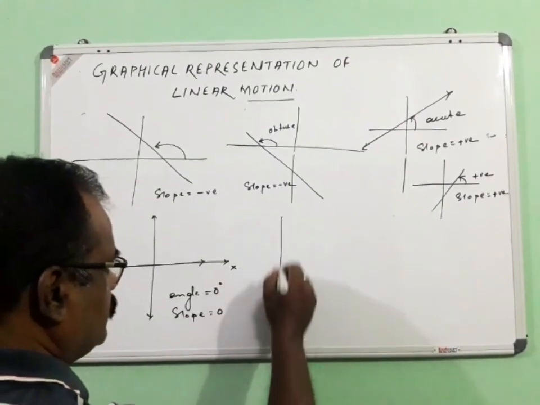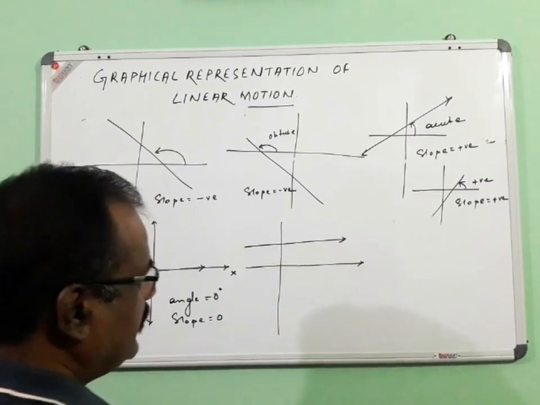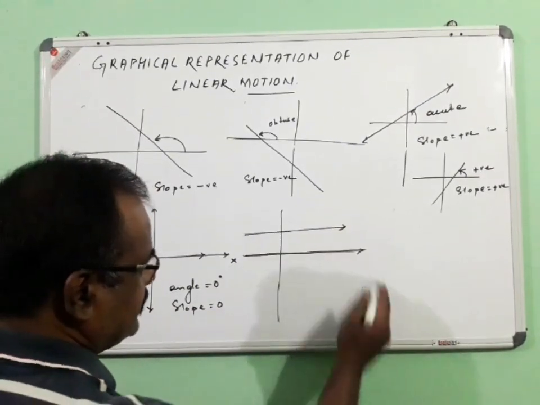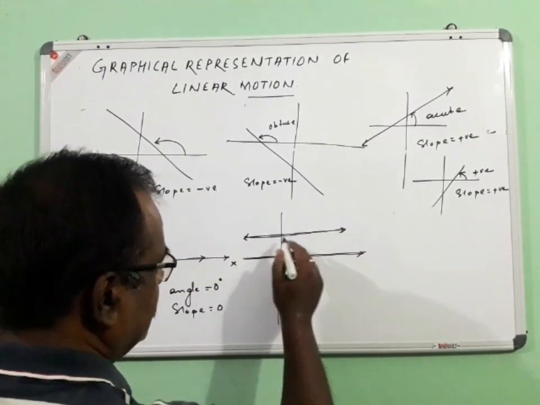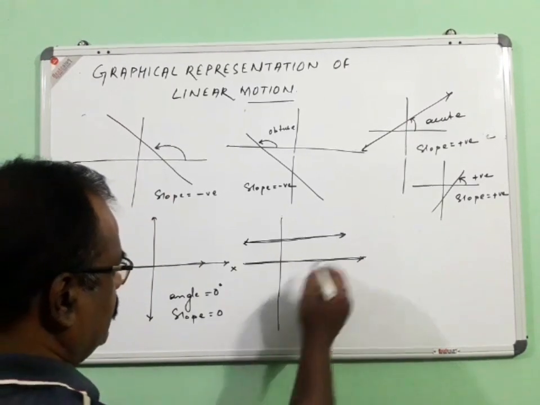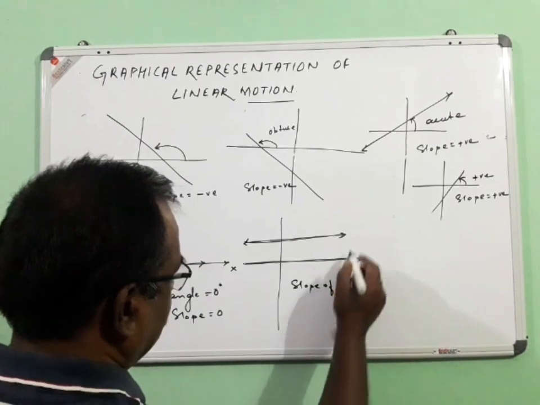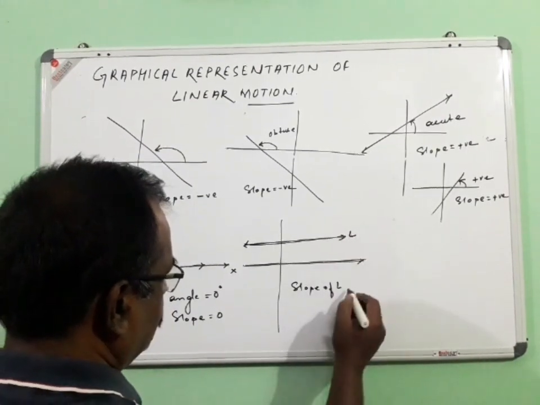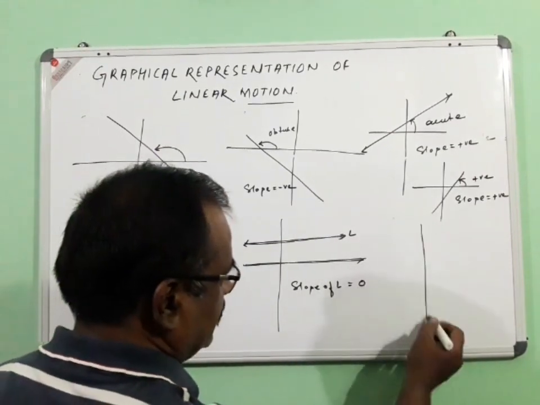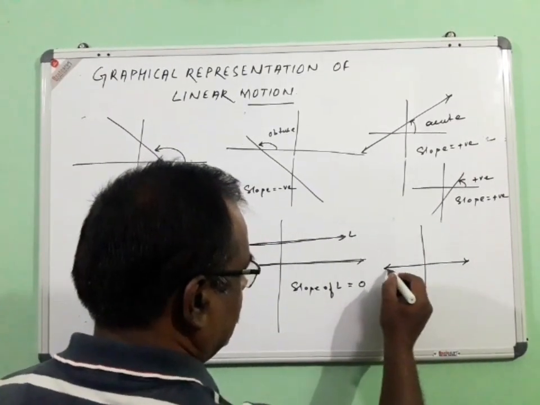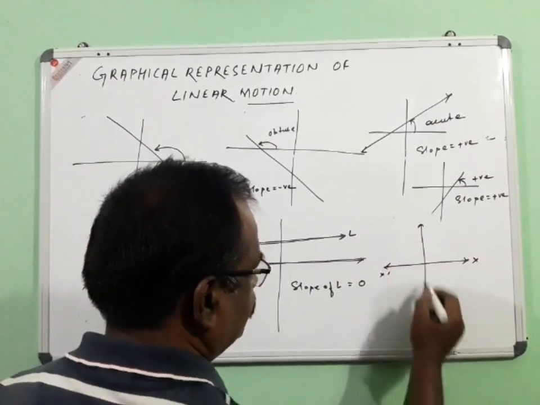Or if it is also parallel to the x-axis, if a line is drawn in this manner, then in such cases the angle is 0, and therefore here also the slope is 0. Slope of line becomes 0.